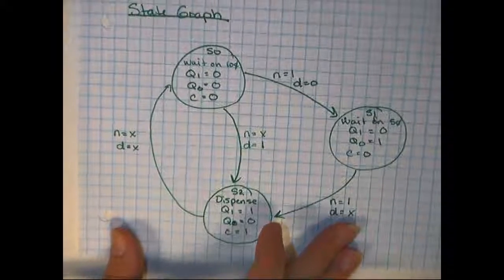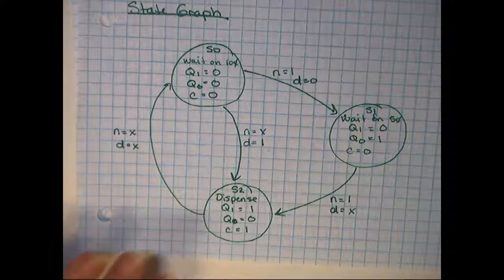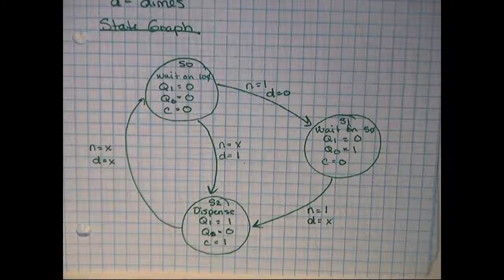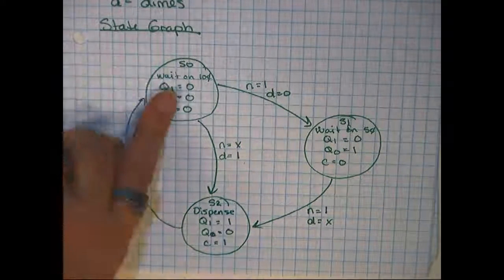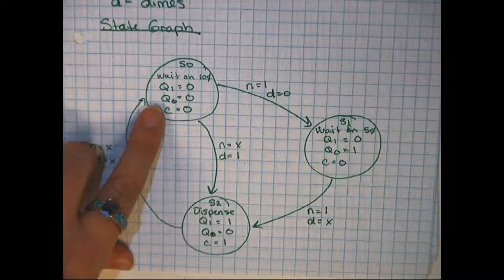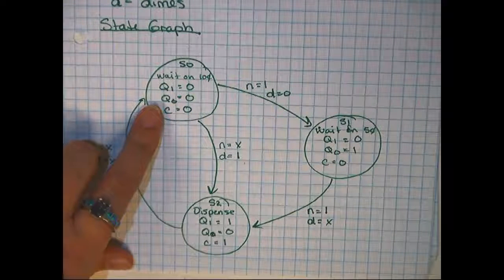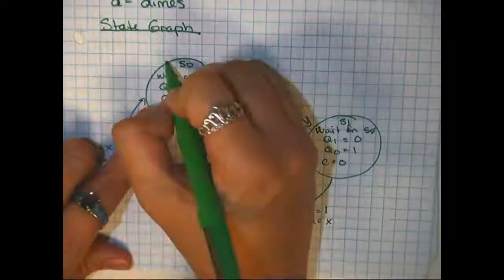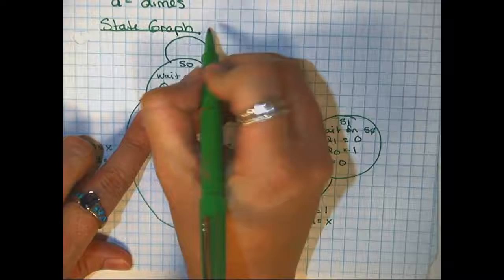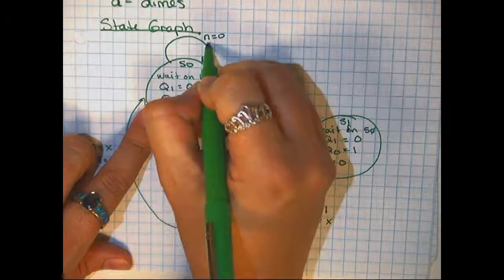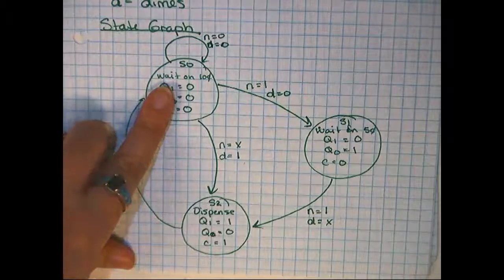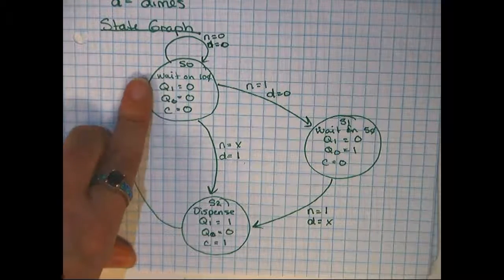We do have something else here that we need to add to our graph. If I'm here and I don't put in a nickel and I don't put in a dime, what's happening? You're staying there. So they put in these extra little loops to show that here, if there's no nickel and no dime, it's just staying here.